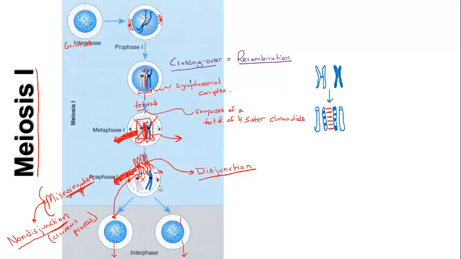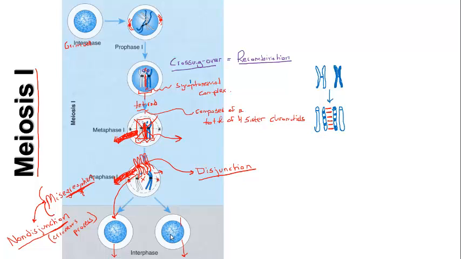How many total pairs of homologous chromosomes do we have? 23. So how many tetrads do we have? 23. So when we split all the tetrads apart, how many chromosomes are we going to have in either of these daughter cells that result? 23.